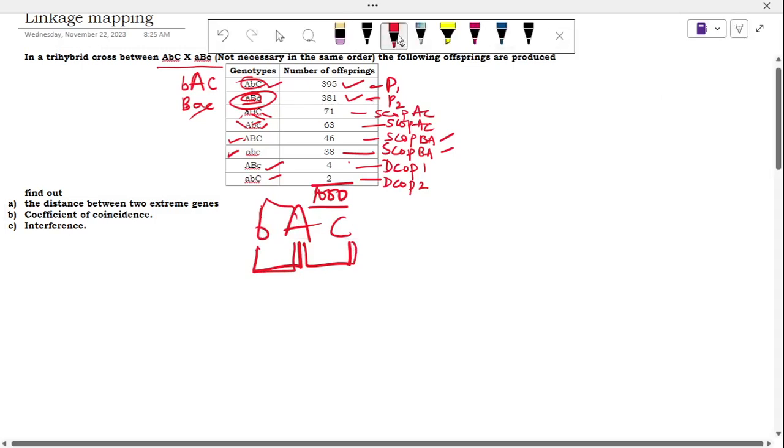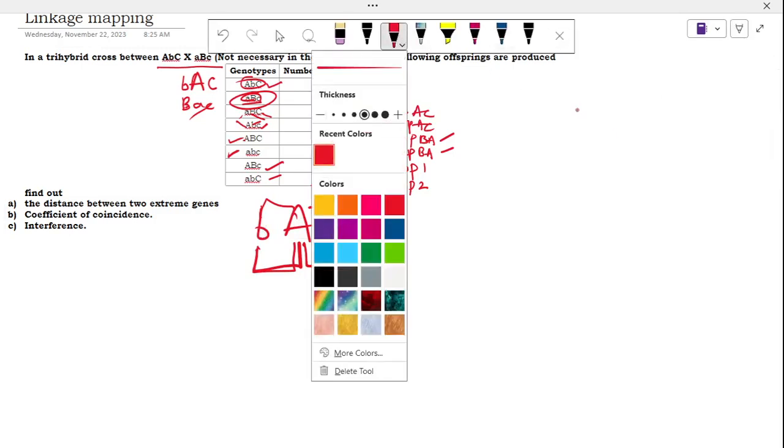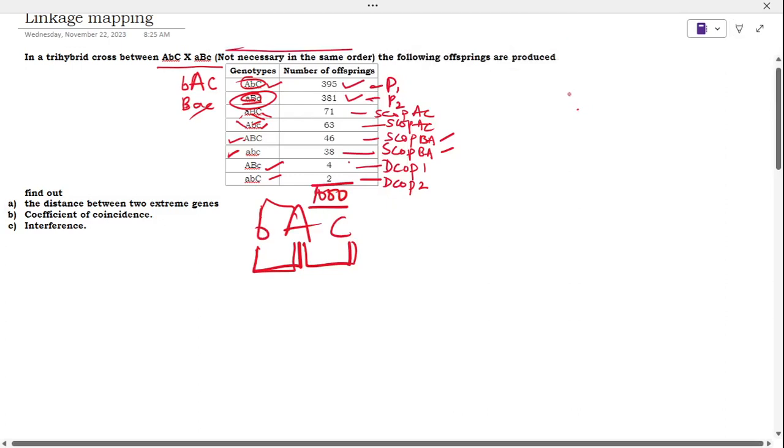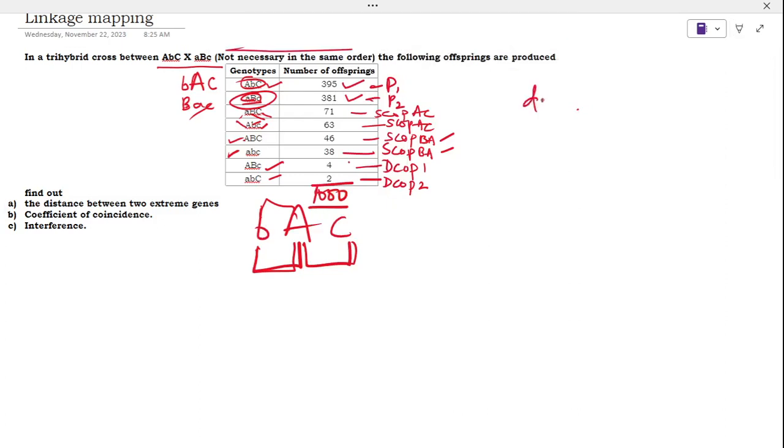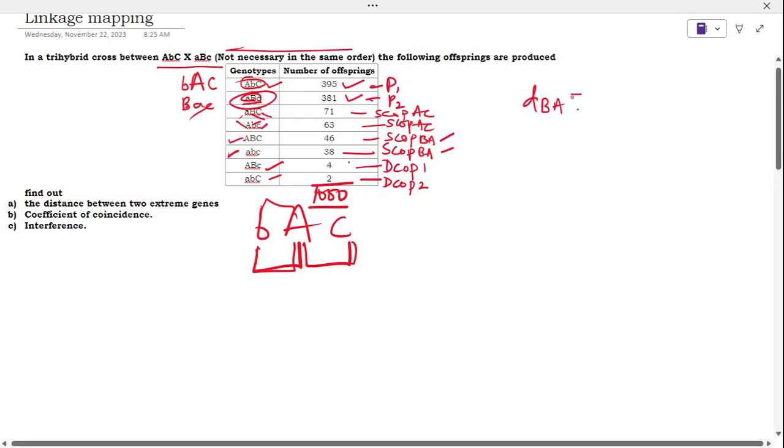So in that, we need to proceed with calculating the distance between BA, or small b, capital A, whatever. Small b, capital A is equal to the sum of single crossing over product with respect to BA plus the sum of double crossing over product, divided by the total number of population, is the formula.